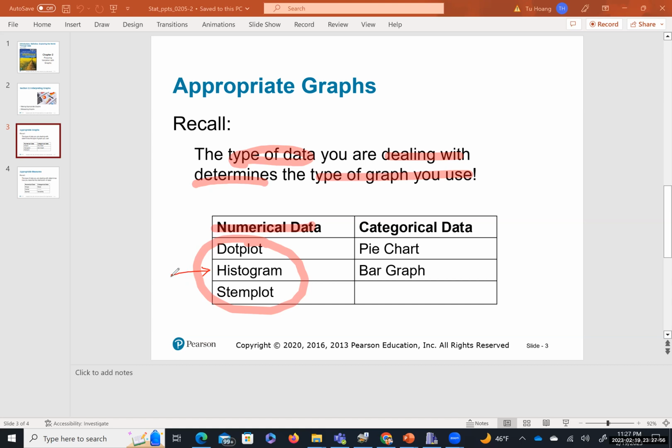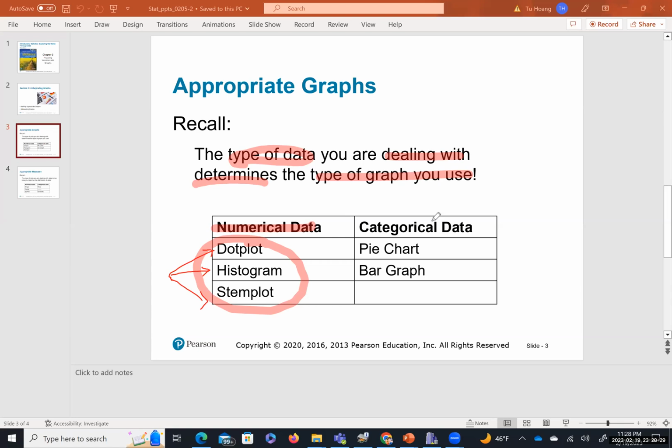For a dot plot, use it for the case that you don't have a lot of data, because the dot plot is going to be very detailed. A stem plot is for the case that you don't have technology in your hand, and it should only be used when you don't have a lot of data. Okay.